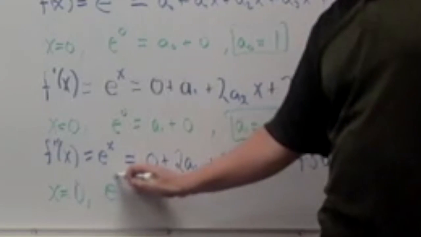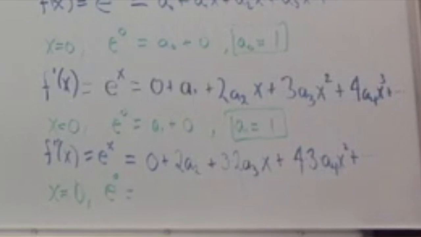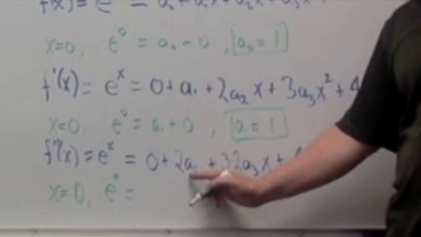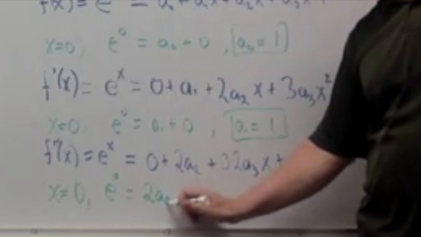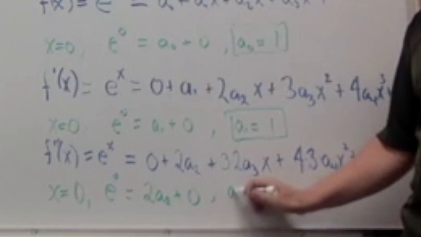As we saw twice already, e to the 0 is 1. But in this case, the only term that doesn't disappear is 2a sub 2. All the rest is 0. So what did that tell me about a sub 2?